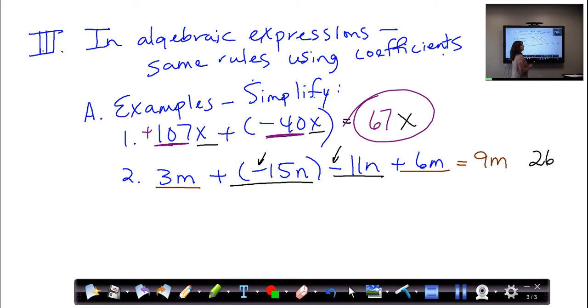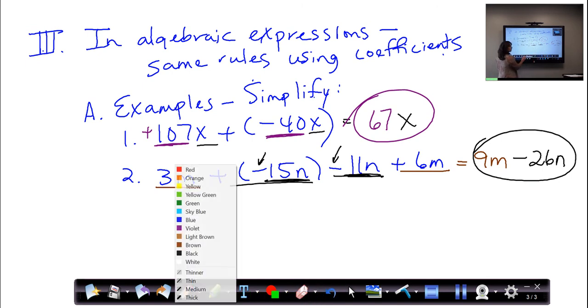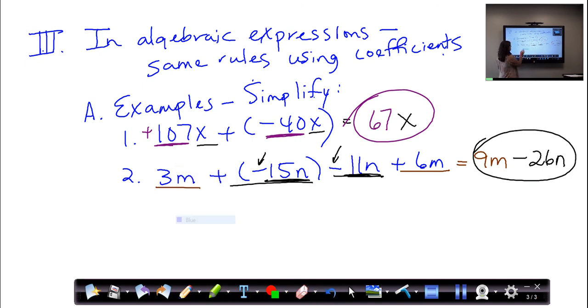And I'm going to keep the sign. Both of them are negative. But remember, I'm combining up like terms, so I have to keep the n in there. Now, are these like terms? No, you're right, because this one has an m and that one has an n, so that's as good as that one's going to get. All right, one last example, and then we're going to take a look at a real-world example so you can see why we're even bothering with this stuff.